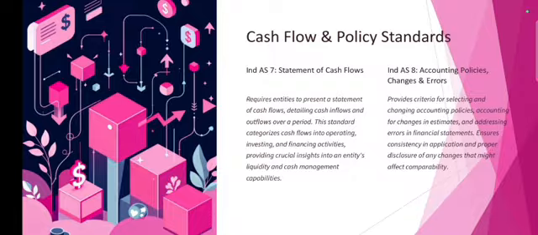So Ind AS 7 talks about cash flow statements and how these cash flows are to be presented. Okay, so Ind AS 8, accounting policies, changes and errors. Ind AS 8 deals with accounting policies, changes in accounting estimates and errors.